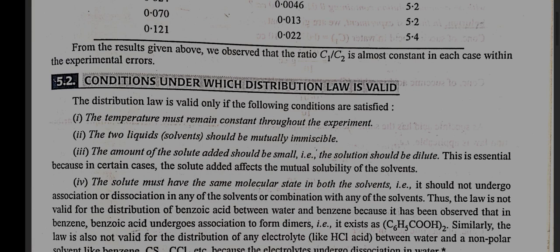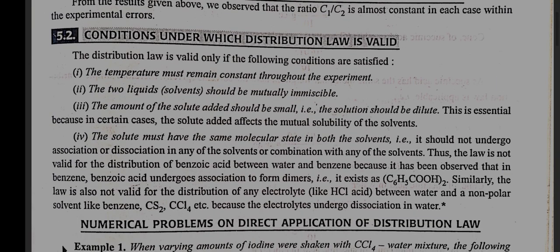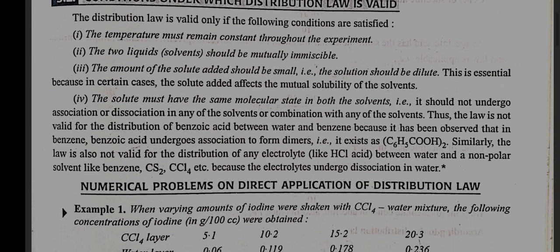Fourth, the solute must have the same molecular state in both the solvents, that is, it should not undergo association or dissociation in any of the solvents or combination with any of the solvents. Thus, the law is not valid for the distribution of benzoic acid between water and benzene because it has been observed that in benzene, benzoic acid undergoes association to form dimers, that is, it exists as (C6H5COOH)2.